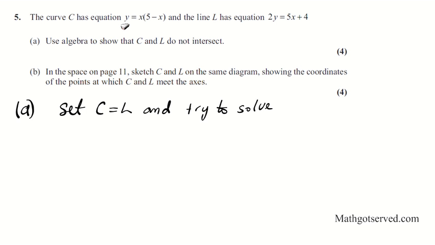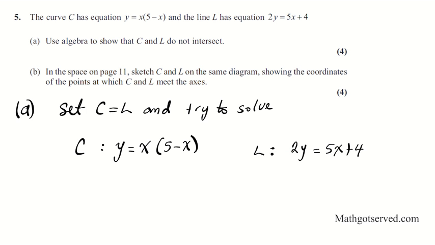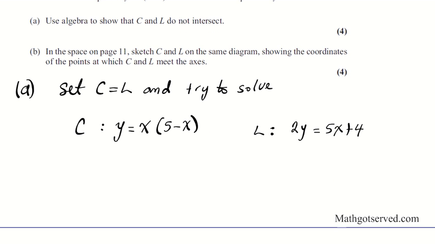For line C we have y equals x times 5 minus x, and for line L we have 2y equals 5x plus 4. This is just a y and this is a 2y, so there are two ways we can make this happen.